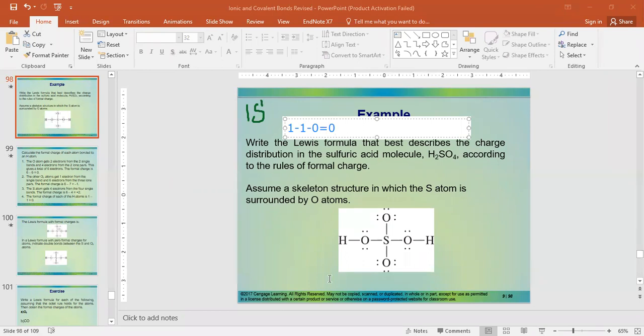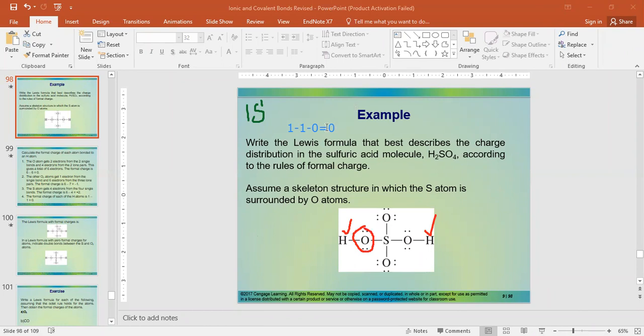So we now look at this oxygen here. Let me see whether I can mark some of them. So you have done that. We have done that. So let us look at this. Let us look at that.